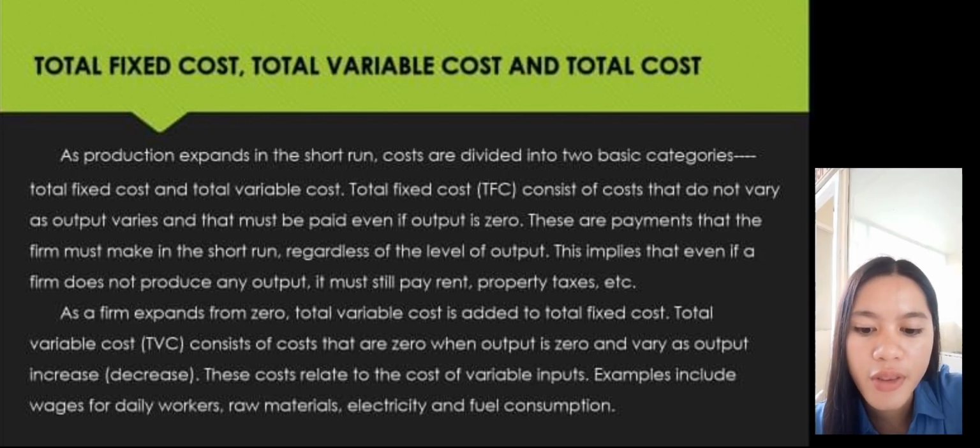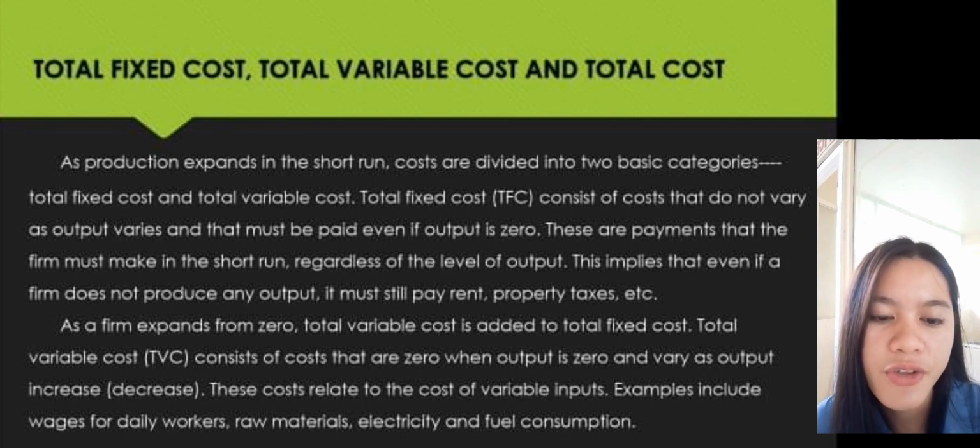So even though the firm does not produce any output, obliged gihapon sila na mobayad ng sa rent sa property or taxes or sa uban pa. So amo yun siya ang sa total fixed cost. Kumbaga, naka-fix na siya.